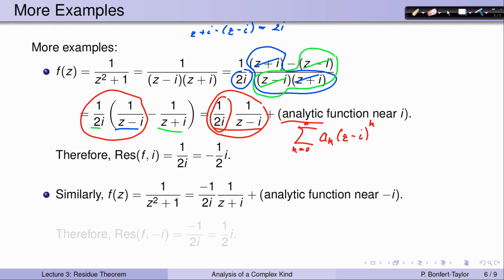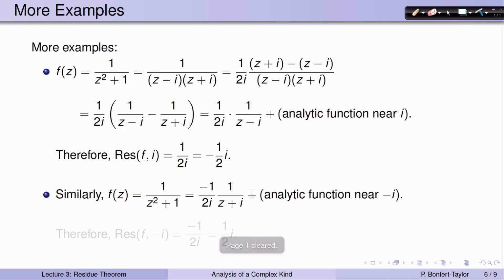Similarly, when I look at f near negative i, my goal is to write f as a Laurent series with powers of z plus i. I already have one such power of z plus i right here, together with this negative sign, of course, and the 1 over 2i in front of it, so that you can see right here.